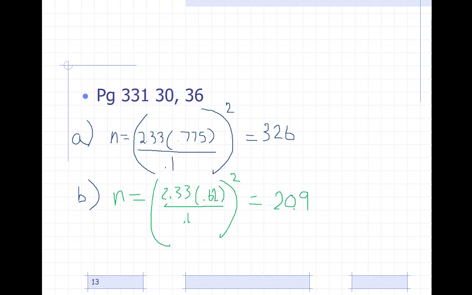So now it says compare the results and which results are likely to be better. Well, the range rule of thumb is a pretty rough estimate.